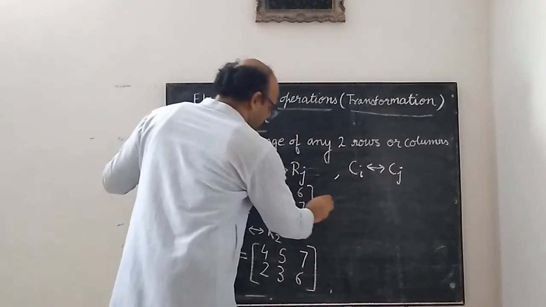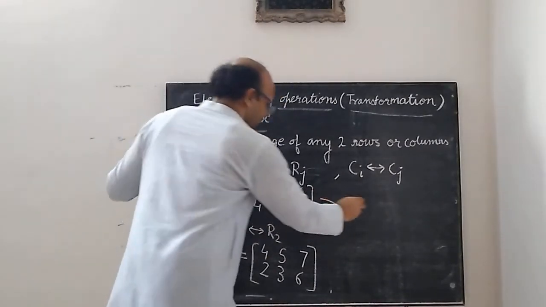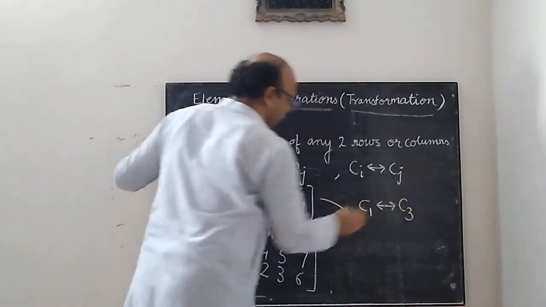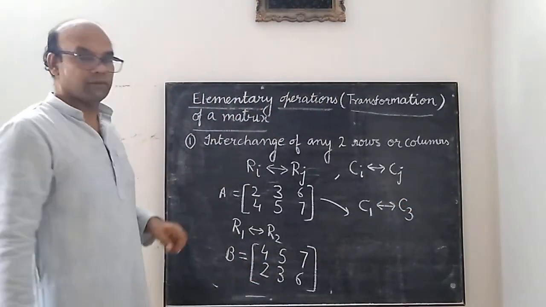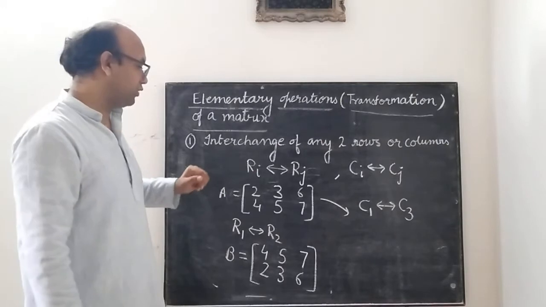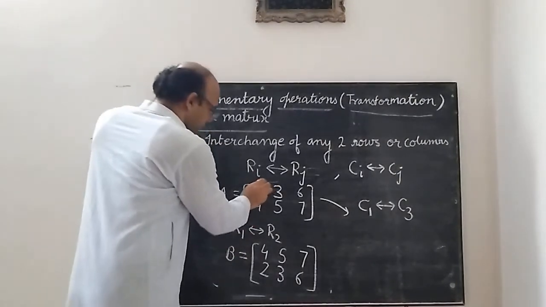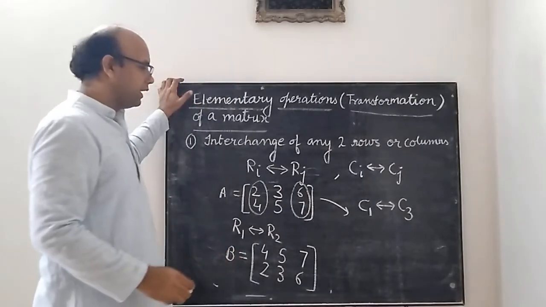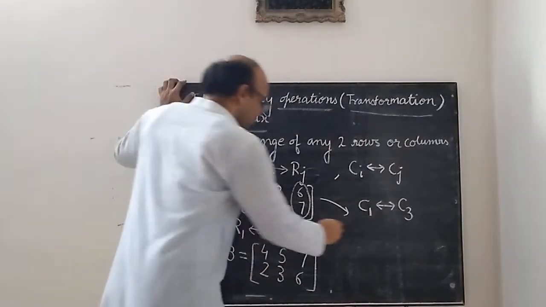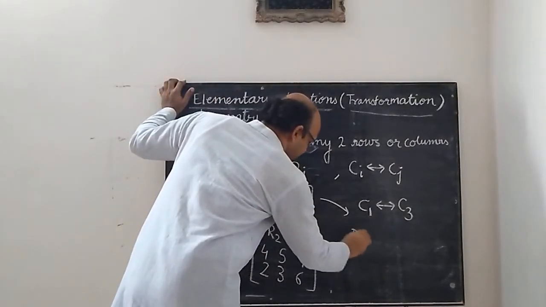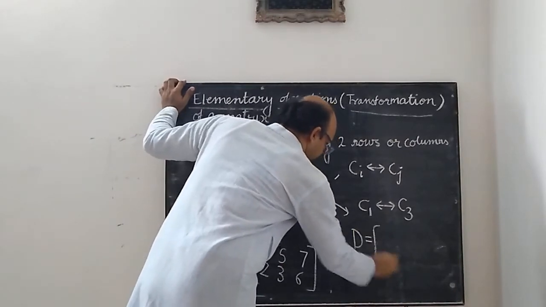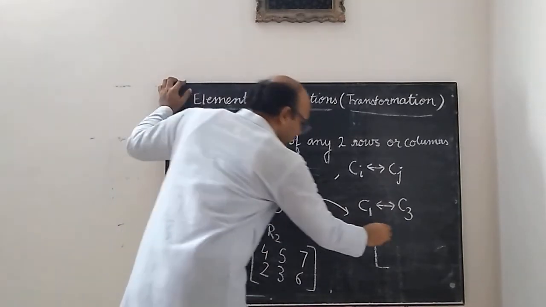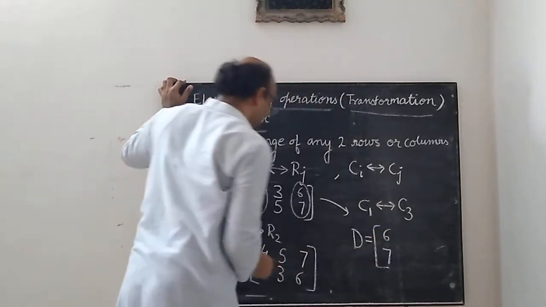Similarly, if I apply the operation C1 and C3 interchanged, it means that column 1 and column 3 are interchanged. Suppose we get a new matrix, say D. The elements of the third column now become the elements of the first column.